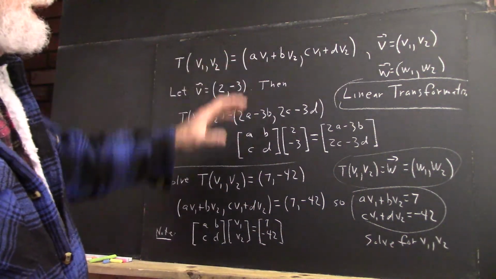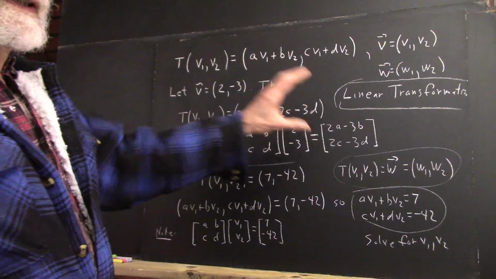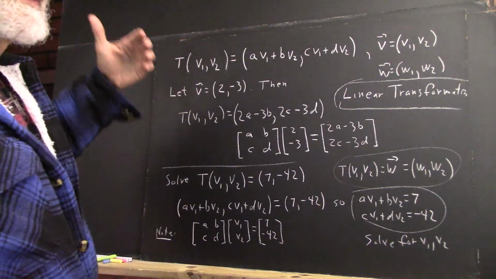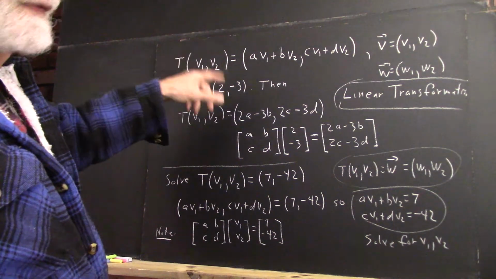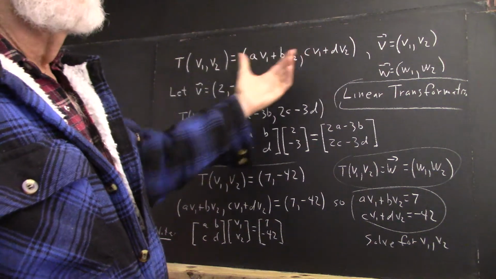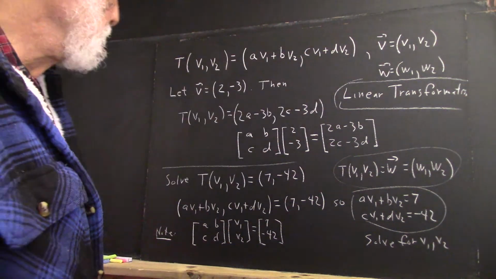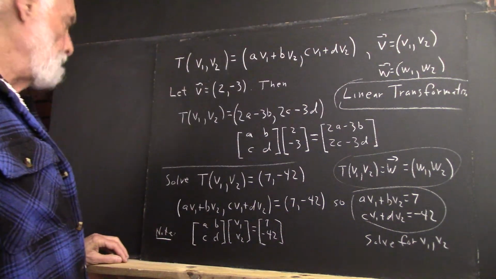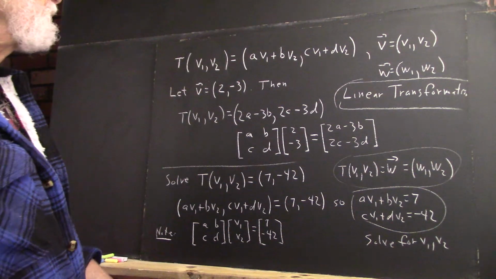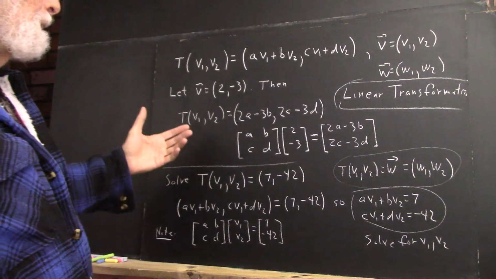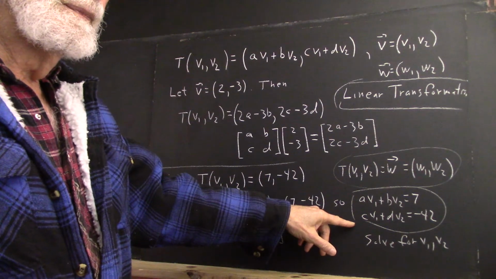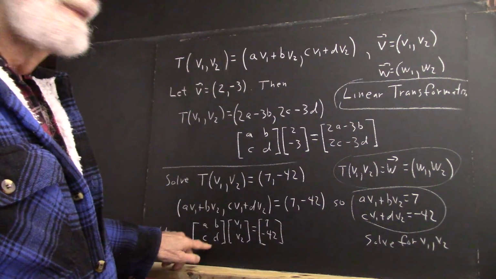I want to give this as kind of an overview of linear transformations in R2. And of course, if we went to R3, we could have a v1, v2, v3. It could be 2 or 3 dimensions. We're not going to worry about that at this point. But we could extend this to higher dimensions, and we would just end up with more components, more equations, and a different matrix.